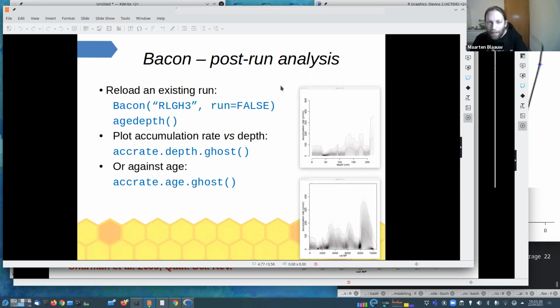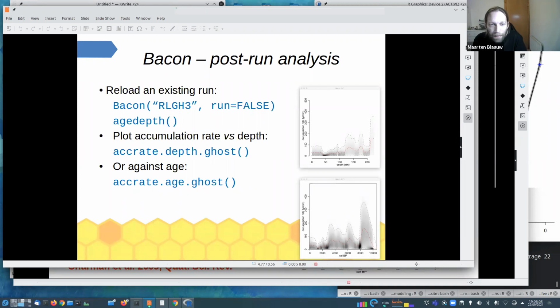And if Bacon finds the correct information, it will load that into the memory. Then you just quickly plot the age model again, and if everything goes all right, it should then have the previous run in the memory again, and then you can do all kinds of posterior analysis of the data. Okay, so you can plot your plots again.